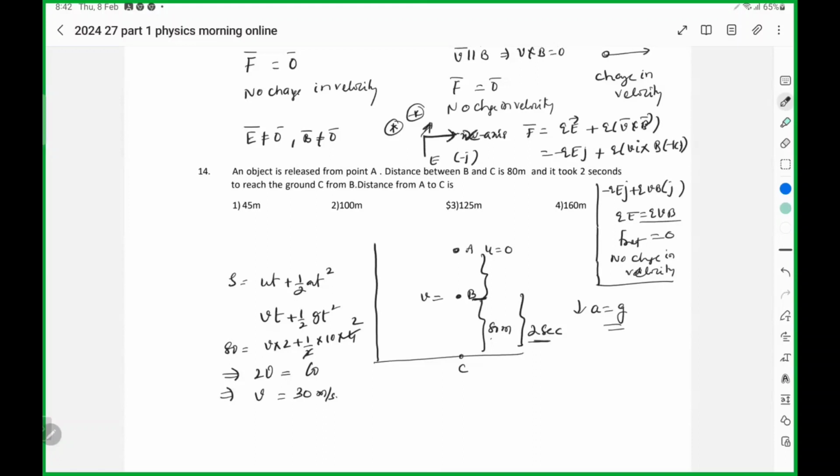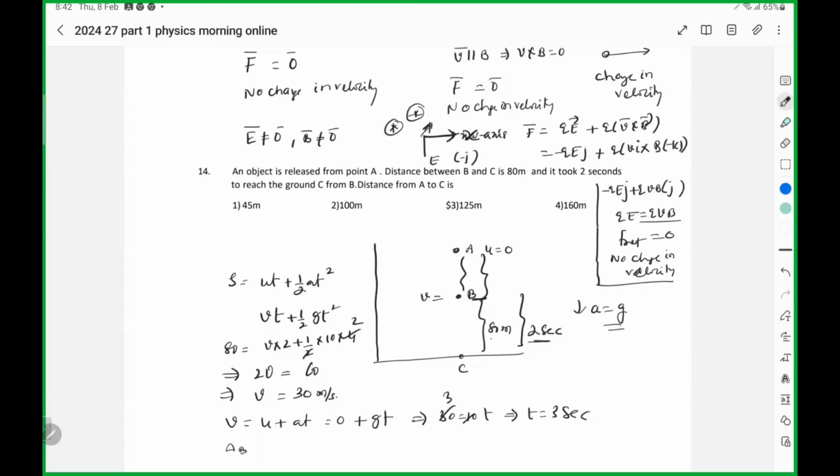So he is asking for the distance from A to C. How much time did it take to fall from A to B? V equals u plus at. u is 0, acceleration is g, which implies time is 3 seconds.